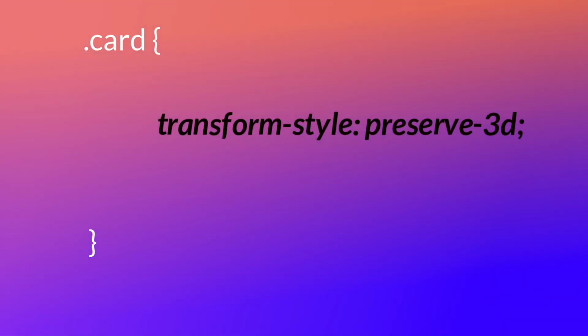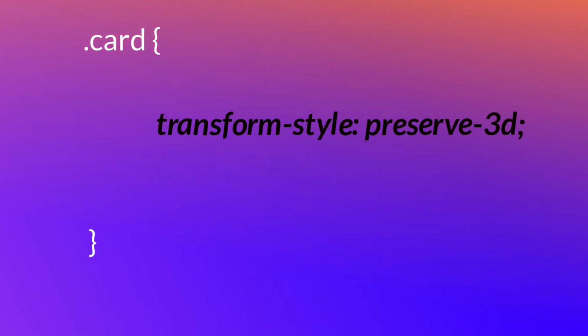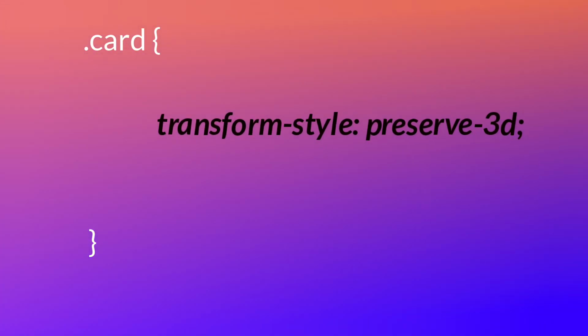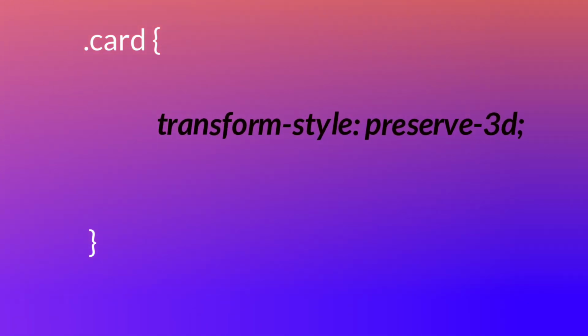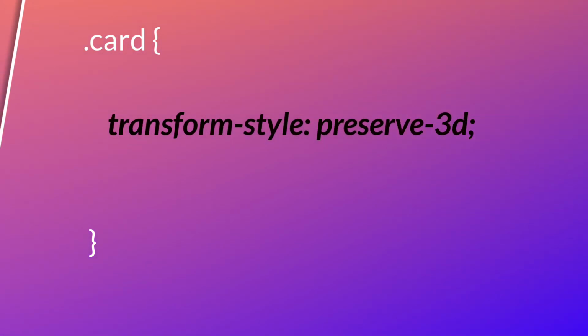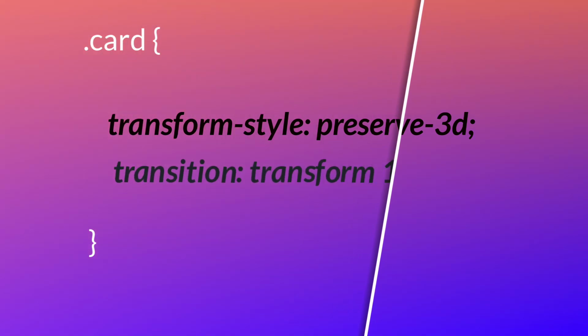When you apply 3D transformation to the parent element, this property allows its children to maintain their 3D position relative to the parent. The next property is transition.